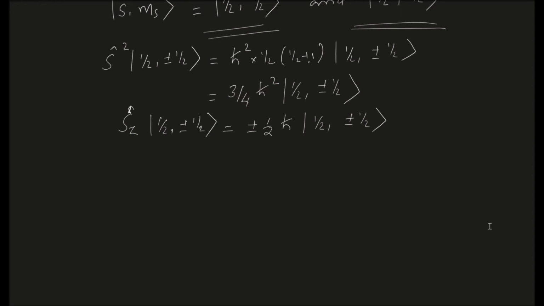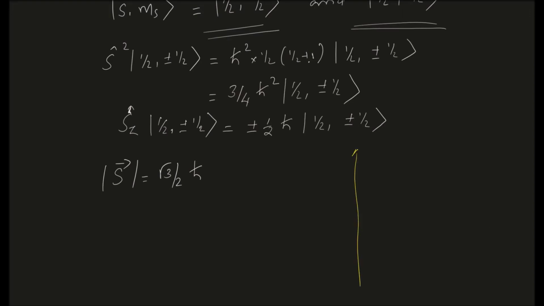So this expression tells you that the spin may be represented graphically by a vector of length root 3 by 2 h cross. So the endpoints of this vector lie on a circle of radius root 3 by 2 h cross. So the spin can be graphically represented in this way.